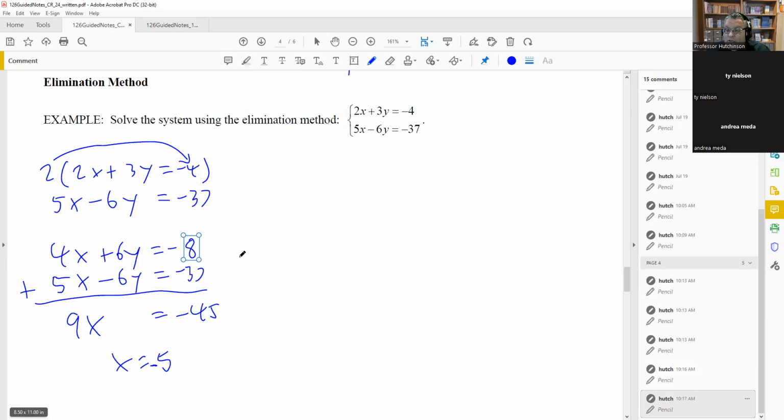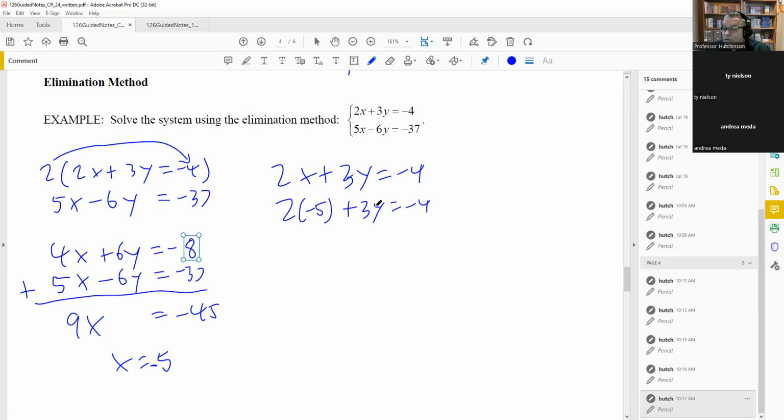So x is -5. Now this time we don't have an equation that's solved for y to plug this into. So we have to use either one of these two equations. So we can just take -5 and plug it either into the first one or the second one. In this case, it doesn't matter. So I'm going to use this first equation. And since I know x is -5, I can plug that in there.